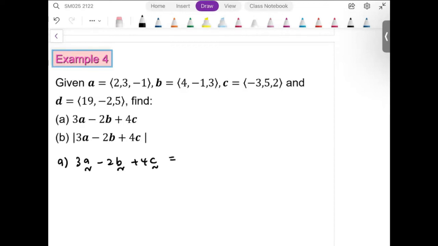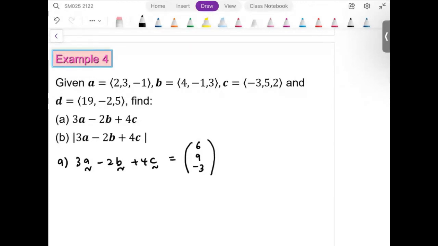Okay, for 3A means every element in A times by 3. Kita boleh terus pergi skala multiplication kat situ. So saya terus darab, convert dalam bentuk column because kita nak buat operation mathematic after this. This would be 6, 9, negative 3.